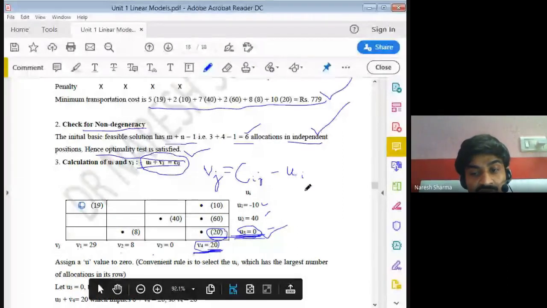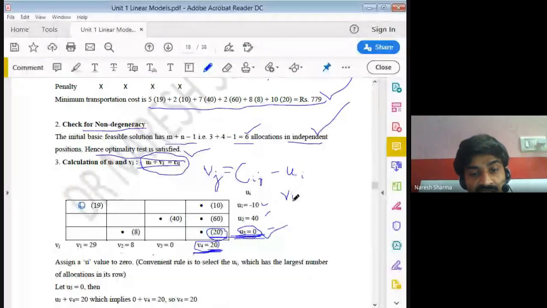If this is v4, that is C34, I am just writing this for your understanding, and u3. So this u3 is your 0, the cost is your 20, minus the sign is there, so v4 is 20.